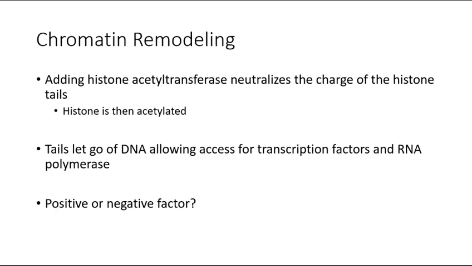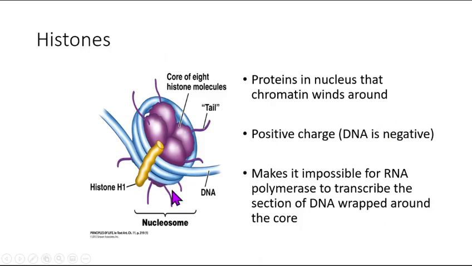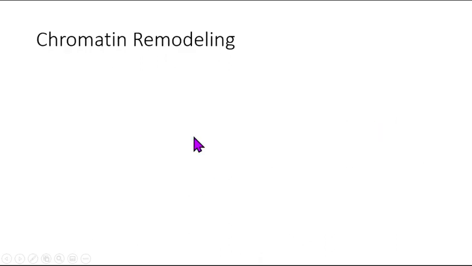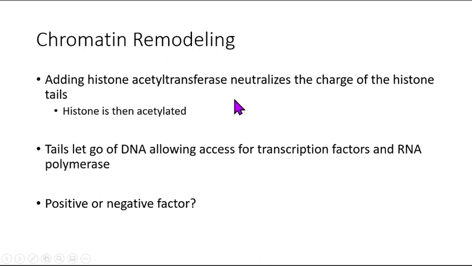So, how do histones do that? Well, if you add histone acetyltransferase, what do you think that is? Yeah, it's an enzyme, and it's histone acetyltransferase. Let's go back here. Let's look at our picture really quick. We got our histone, we got our arms, all of that good stuff, and the enzyme is going to neutralize the charge of the histone.